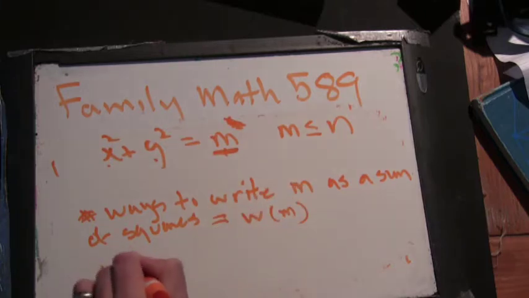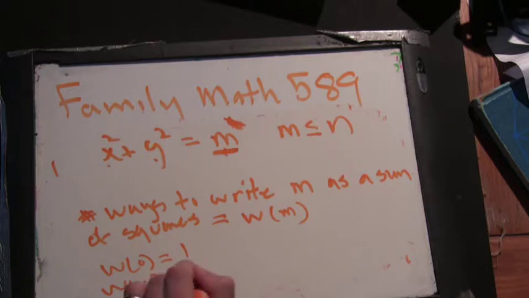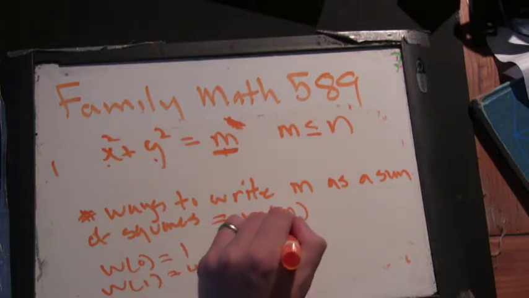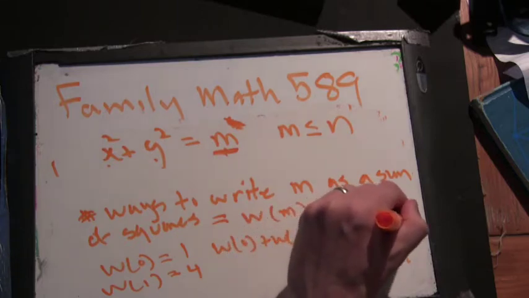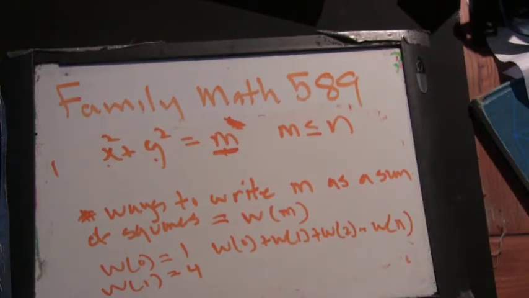The number of ways to write 0 was 1, and the number of ways to write 1 was 4. So we get w of 0 plus w of 1 plus w of 2, all the way up to w of n. That's the number of lattice points.